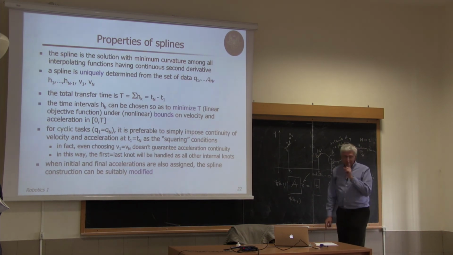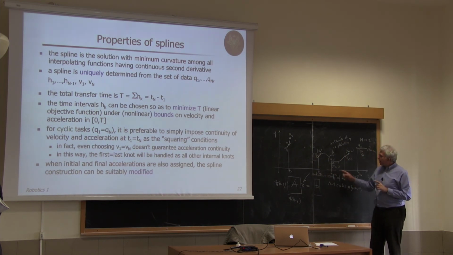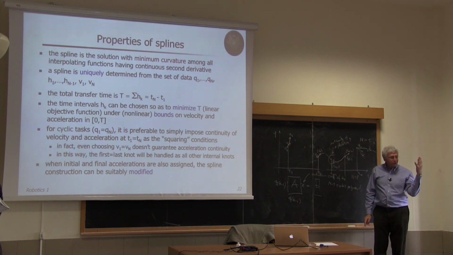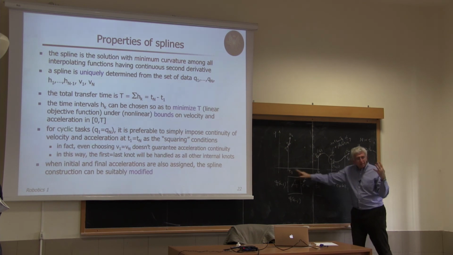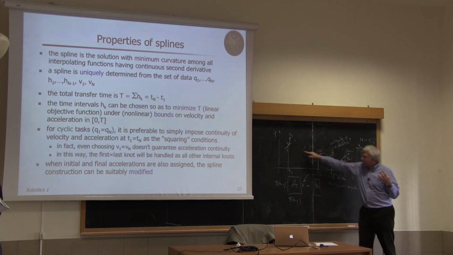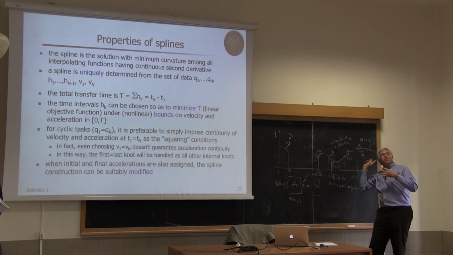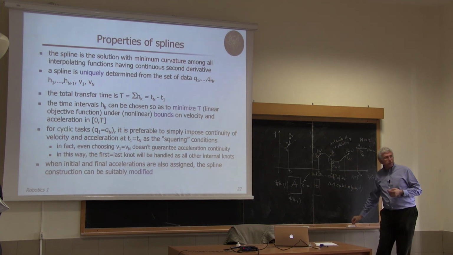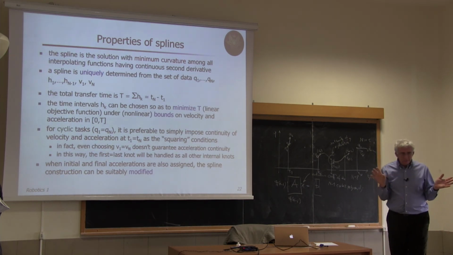Well, if you think carefully, this is exactly what we have seen when n was equal to 4. With n equal to 4, we have start point, lift off, set down, end point. And there we were assigning v1, a1 and vn, an, the last values, and then continuity up to acceleration in the intermediate knots. So in that case, a 4-3-4 solution was okay.